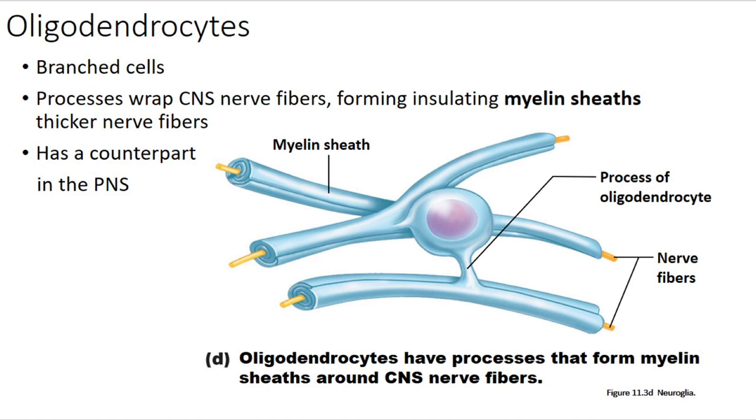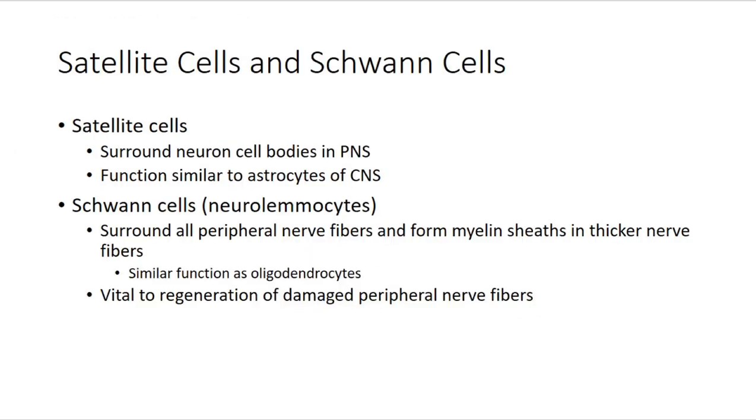Now, oligodendrocytes make myelin sheaths in the central nervous system. Actually, all the cells we've been looking at, astrocytes, ependymal cells, microglial cells, and now oligodendrocytes, are found in the central nervous system. But Schwann cells, which are really similar to oligodendrocytes, are found in the peripheral nervous system.